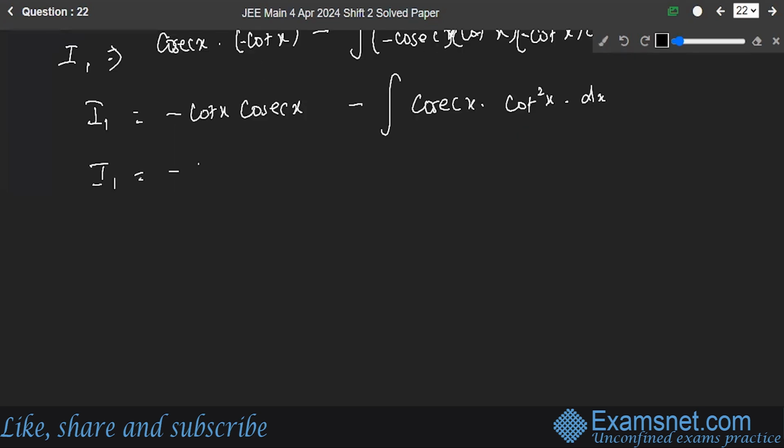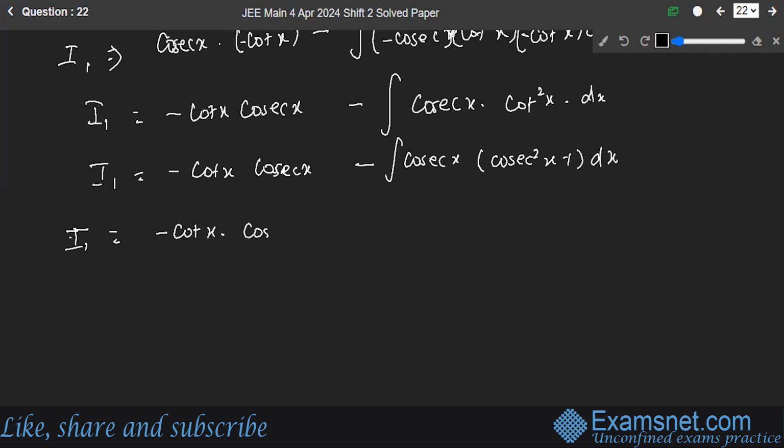So I1 is equal to minus cotangent x cosecant x minus. Again, I will open this cotangent square x as cosecant square x minus 1 dx. So I1 will be equal to minus cot x cosecant x minus cosecant cube x plus cosecant x dx.